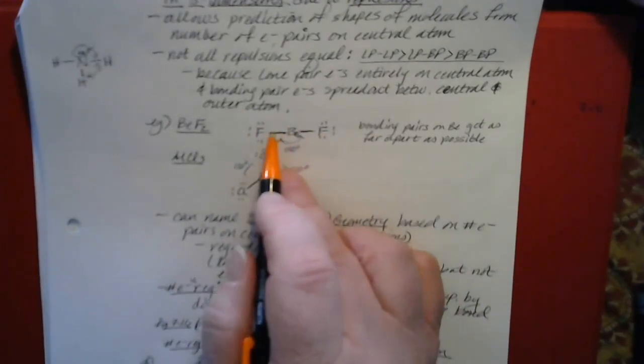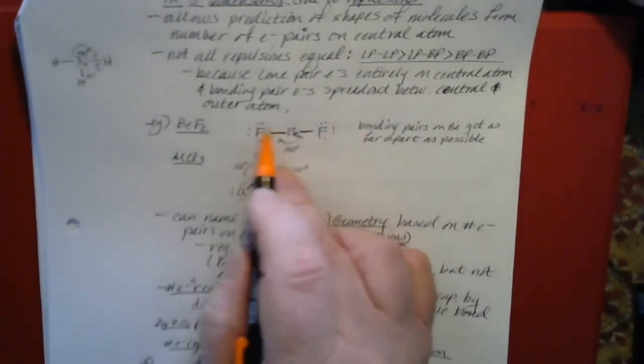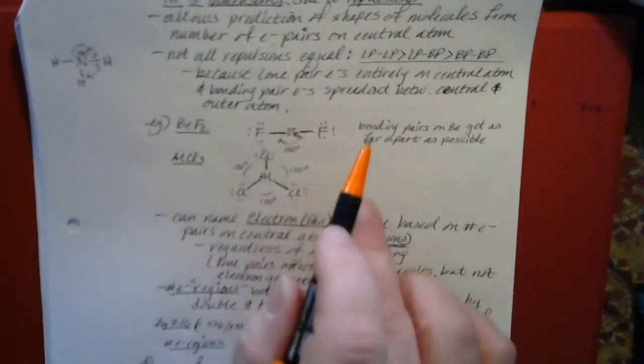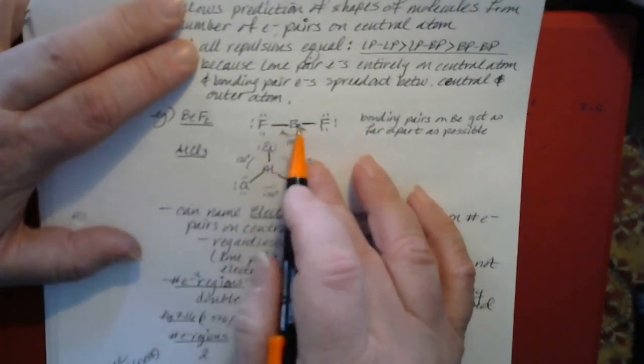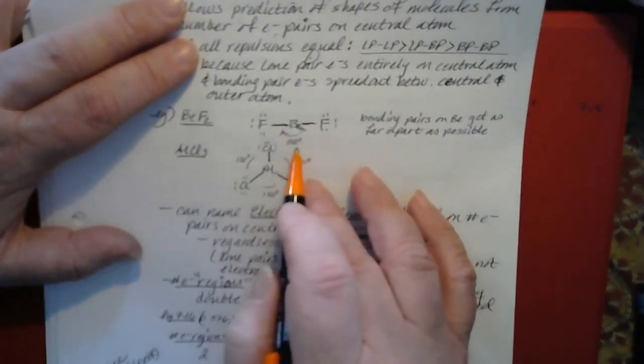And since you've only got 2 areas of electron occupation on the central atom, they will get as far apart from each other as possible in 3 dimensions, which means the bonds will be directly opposite each other, 180 degrees apart.